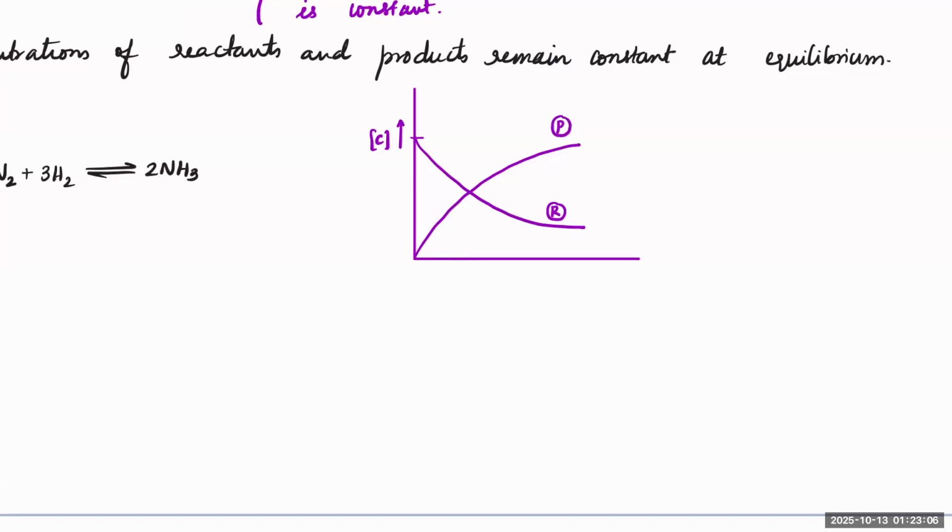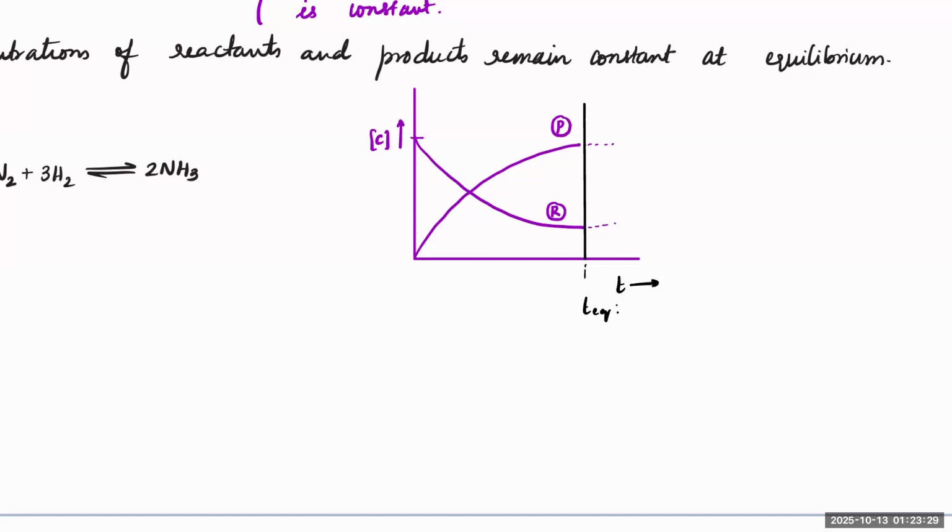But now notice, after this point onwards, they have reached a constant value. This is with respect to time. So this is called the equilibrium time.